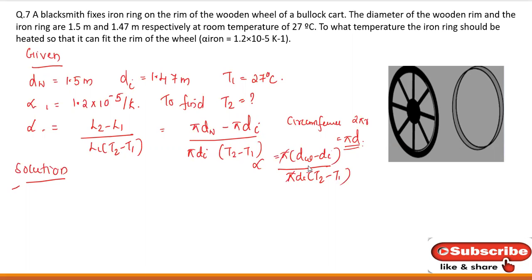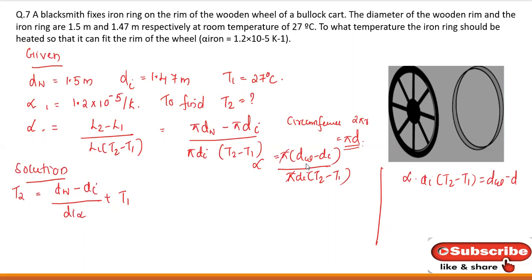Or we can find T2 from this equation as T2 is equal to dw minus di upon di alpha plus T1. On cross multiplying, alpha into di into T2 minus T1 is equal to diameter of wooden wheel minus diameter of iron wheel. We want to find out T2.